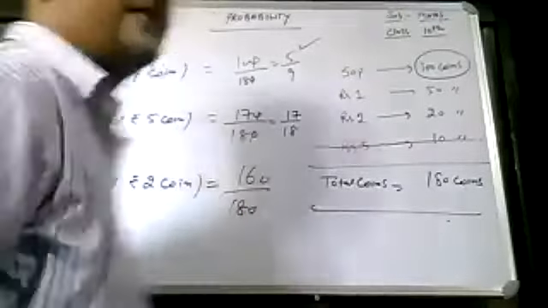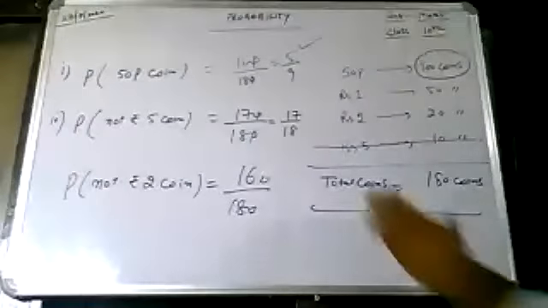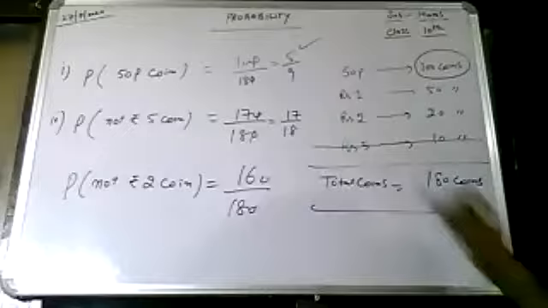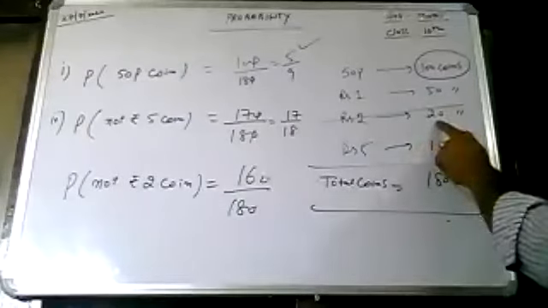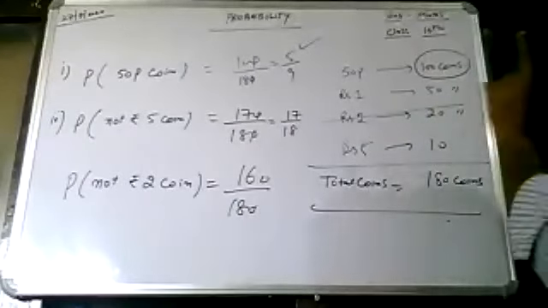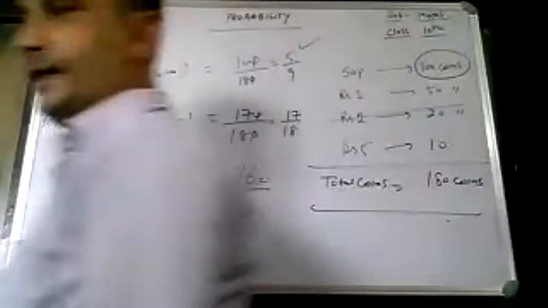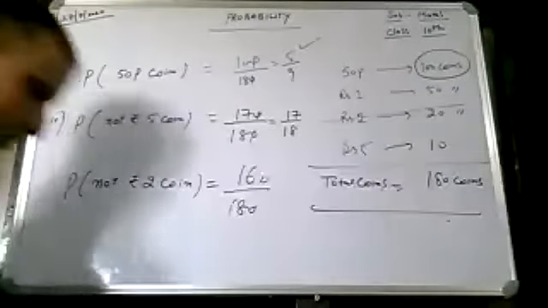Very good answer. Clear? It should not be a rupees 2 coin, so cancel it. How many rupees 5 coins were there? 10. So not 20. 150 plus 10, that is 160 by 180. Clear? Do you understand, class? Interesting, isn't it? Yes, sir.